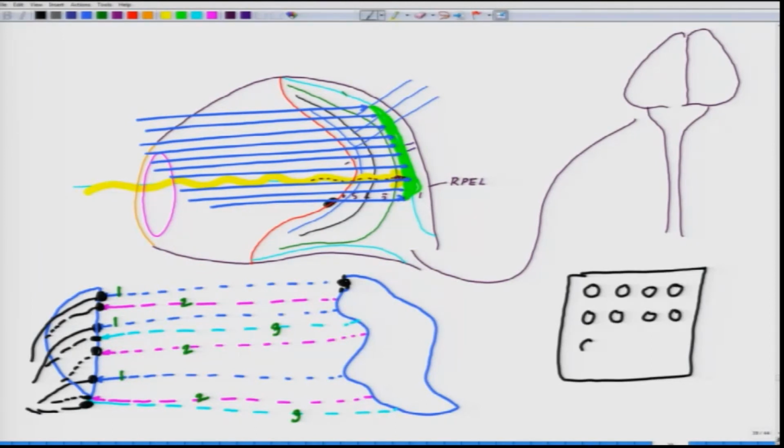There are two ways I can make a figure out of it, and let me make the figure. One way is this. So, you are seeing something like this.